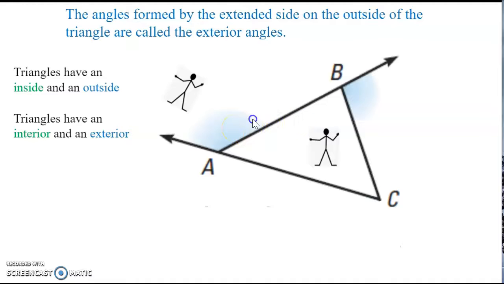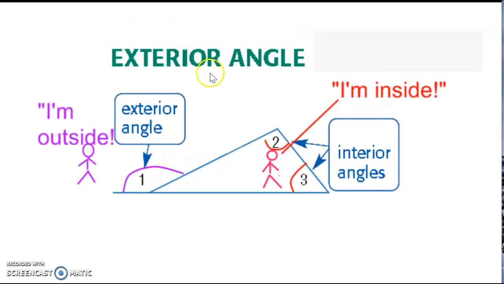We can do that with each of the sides, so we have 3 different exterior angles, and if you extended this side this way, you would have different exterior angles. You can tell that this is outside, so we call this an exterior angle, and these 2 angles, angle 2 and angle 3, are interior angles because they are inside the triangle. So exterior and interior, that's how you define them.